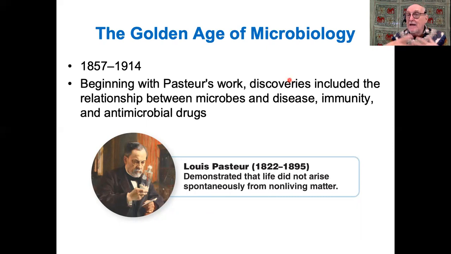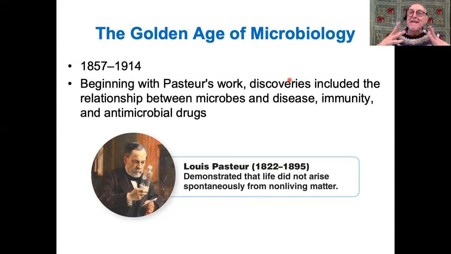Nonetheless, Pasteur and allied workers in the golden age of microbiology set about showing that that was exactly what microorganisms could do. First of all, microorganisms do not arise spontaneously from non-living matter. They are generated by other microorganisms. Microorganisms are ubiquitous, and microorganisms are diverse.